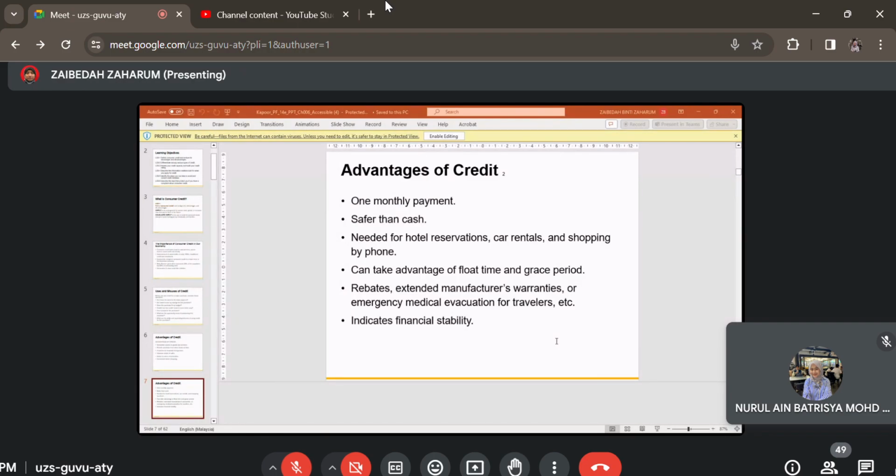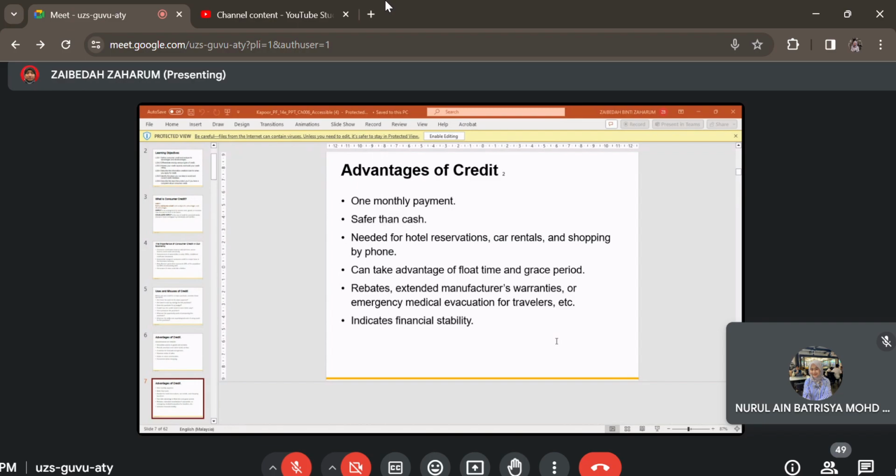Okay, kalau katakan kita bawa duit tiba-tiba orang curi duit kita, so kalau dengan katakan just bawa credit card saja, kalau katakan kita punya dompet kena curi, so kita boleh je call the issuer card tadi untuk block kita punya card tadi.